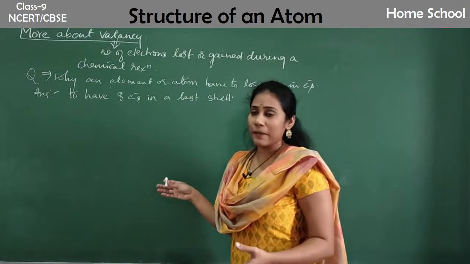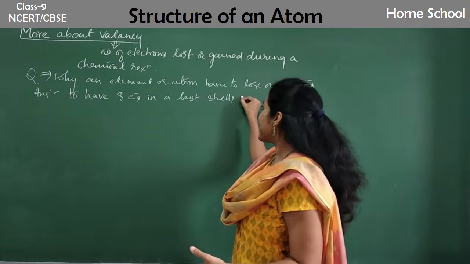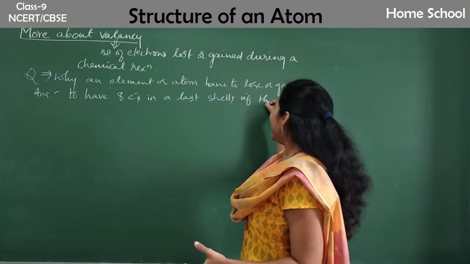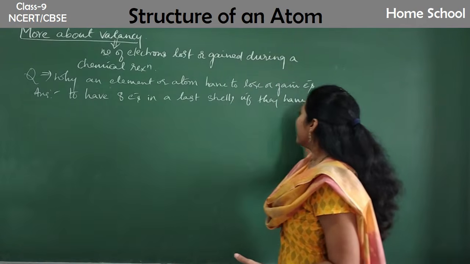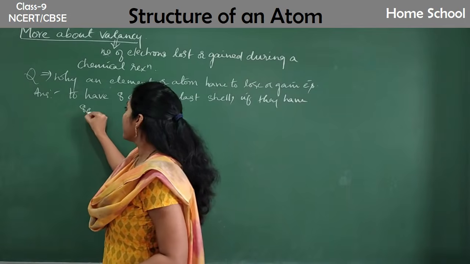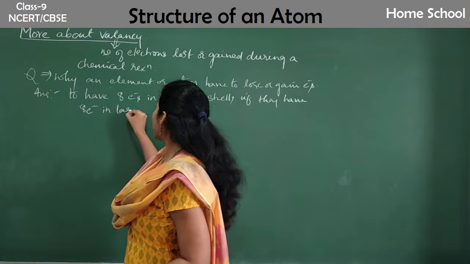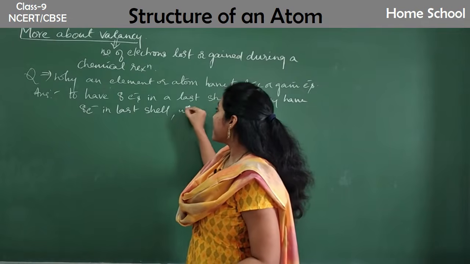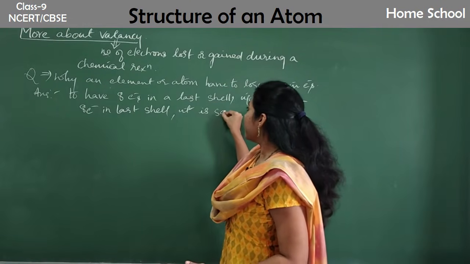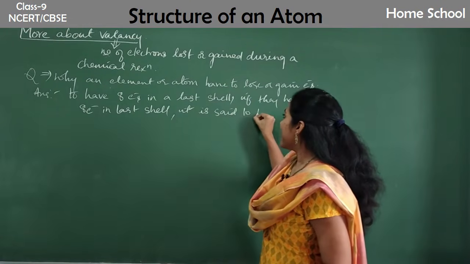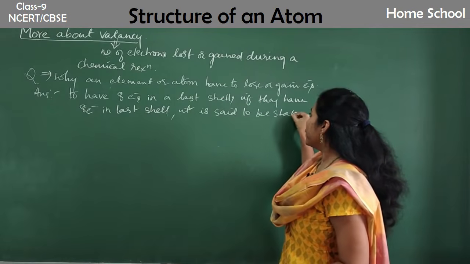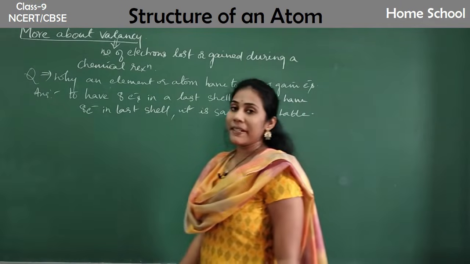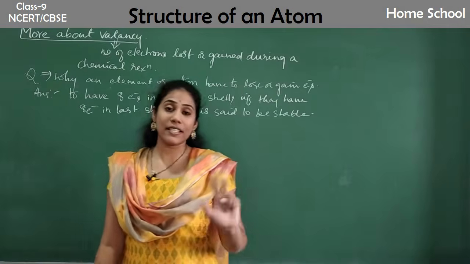This means that it is said to be stable. Yes or no? When do you say an atom or an element is stable? When they have 8 electrons in the last shell.